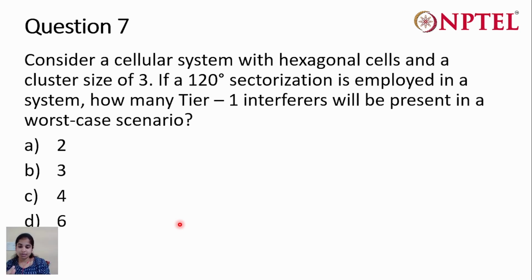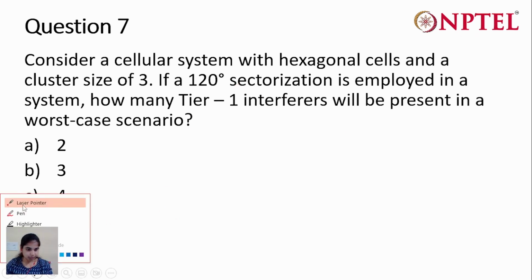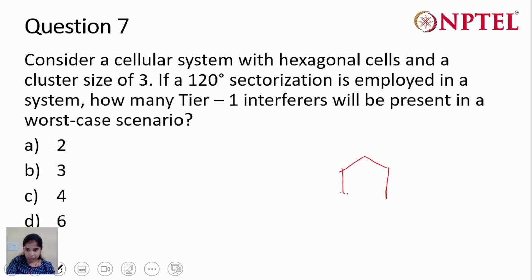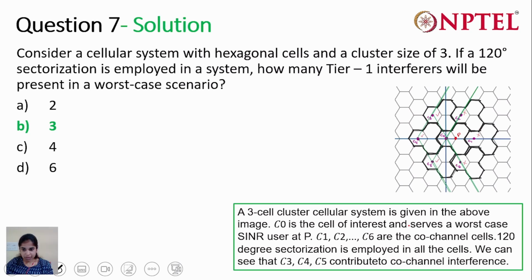Sectorization, in the sense, if it's 120-degree sectorization, we're going to have 3 sectors inside one cell. Yeah, right. So it's something like this. So tier 1, I think it will be 2, ma'am. Sorry. Okay. So what I think is it will be 3. Tier 1.